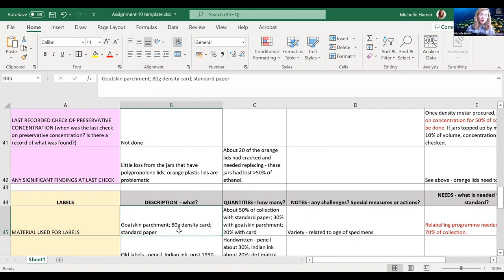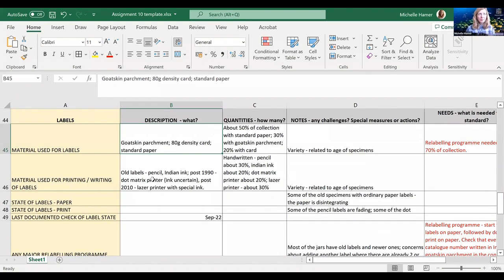Maybe you've relabeled your whole collection so you know this is the label that we've got now. But you can just estimate. So how much of different material used for the labels, and then what kind of printing materials, a pencil or Indian ink, handwritten, or some kind of a printer, and you know what kind of printer or ink was used.